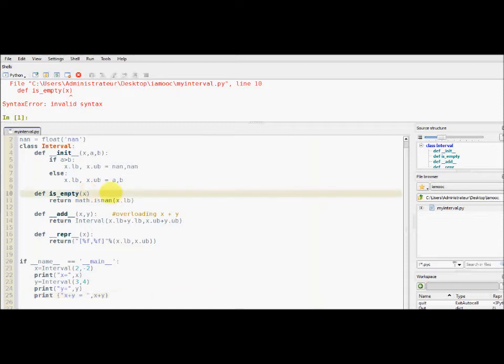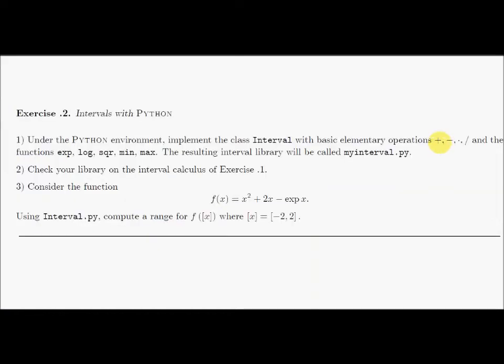Is empty of x double dot. Okay, so x plus y is now not a number due to the fact that x is also the empty set.